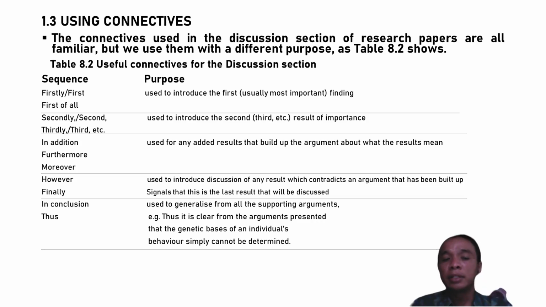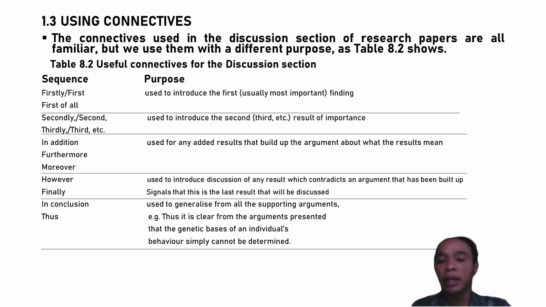And then, however, finally, are used to introduce discussion of any result which contradicts an argument that has been built up, and to signal that this is the last result that will be discussed.